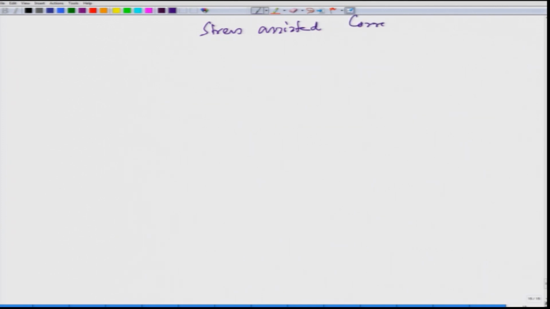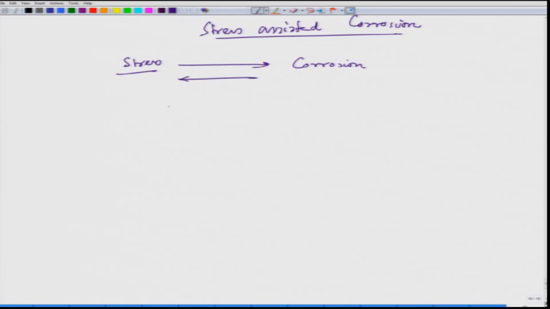And finally, we have stress assisted corrosion. In case of stress assisted corrosion, as the name suggests, we have corrosion and stress is also helping, or it can be the other way around: stress would be there, and corrosion would aggravate the attack.